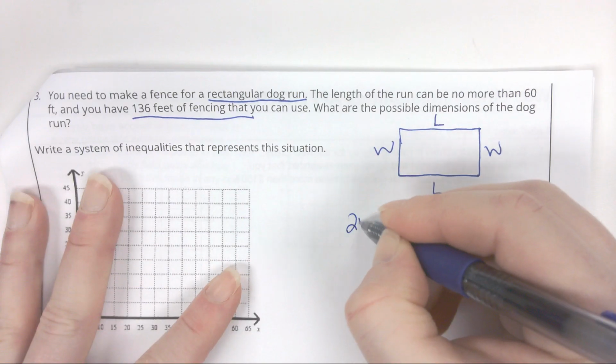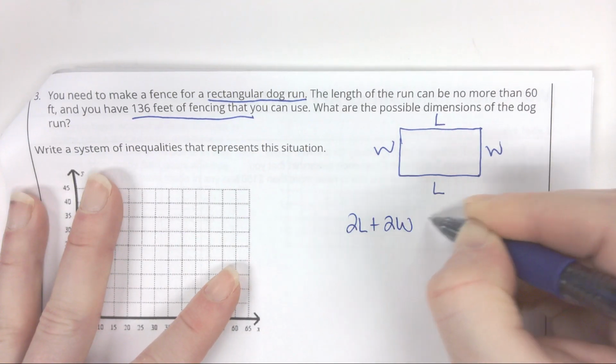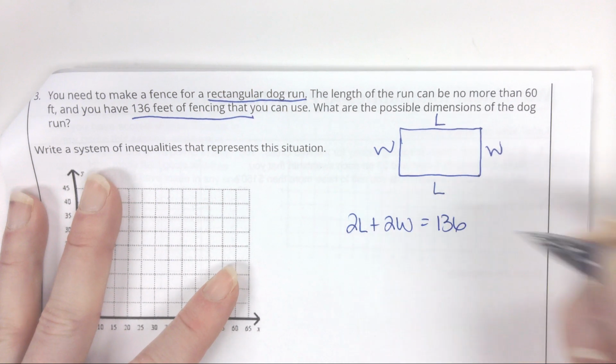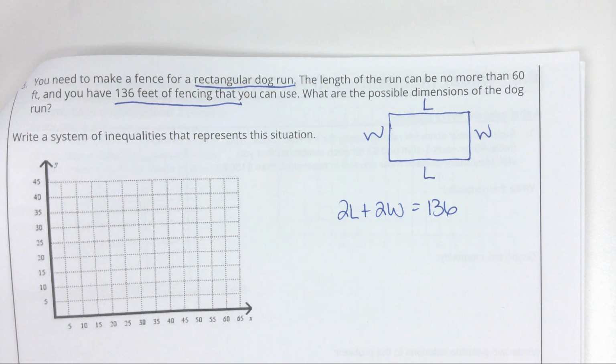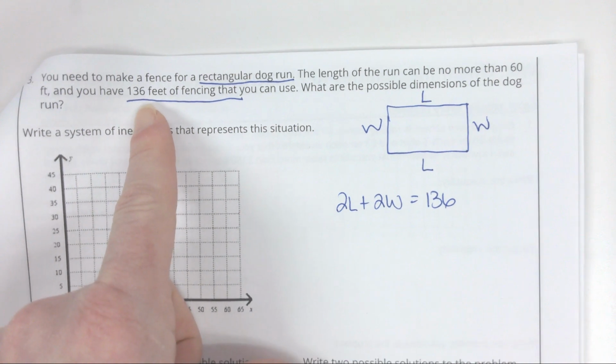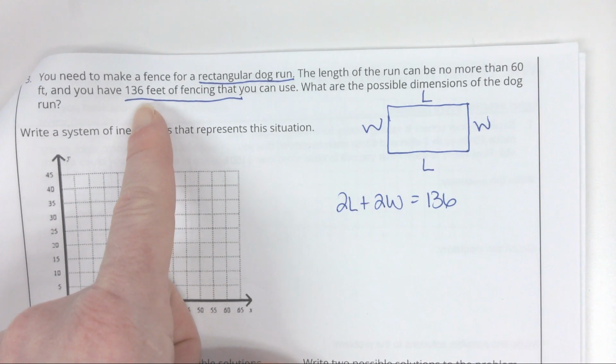So 2L plus 2W equals 136. You remember this perimeter?